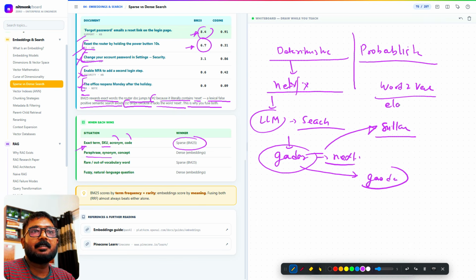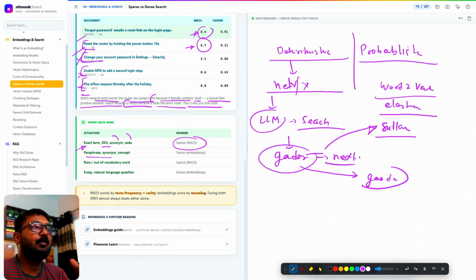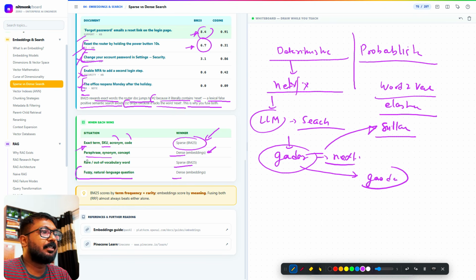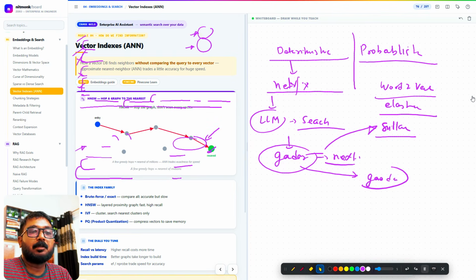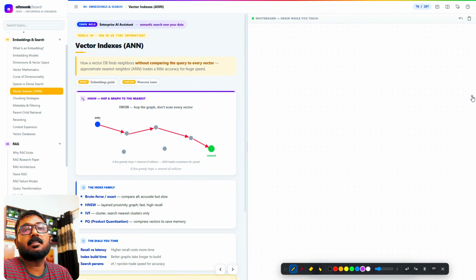They do an Elasticsearch kind of searching. So you have to define which kind of method you go for, deterministic or probabilistic, and decide which technique could win: dense, sparse, fuzzy natural language question, rare terms. You have to make the decision on the basis of the requirement of the business, rather than just starting with an agent or trying to build a prompt and build the RAG. No, that is not a good way.